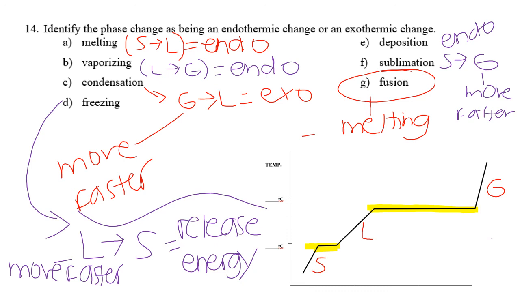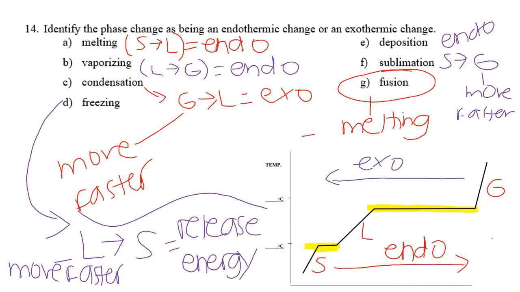And you can either remember it as, if you go from left to right on the heating curve, that is endo. So solid to liquid, liquid to gas, solid to gas, those are all endothermic changes. And then if you go left, those are exothermic changes. So gas to solid, gas to liquid, liquid to solid.